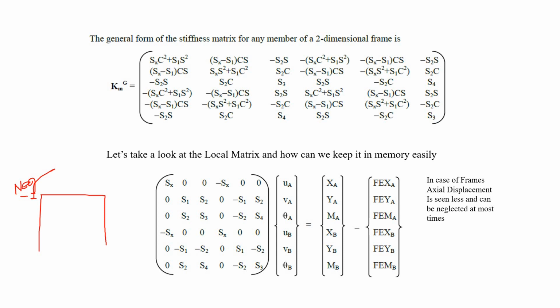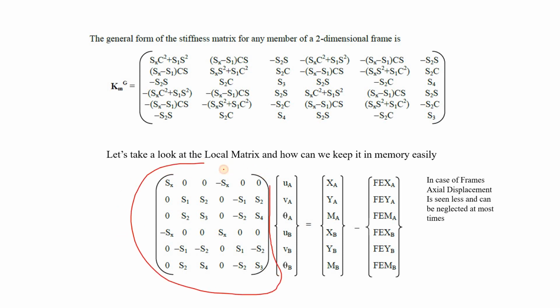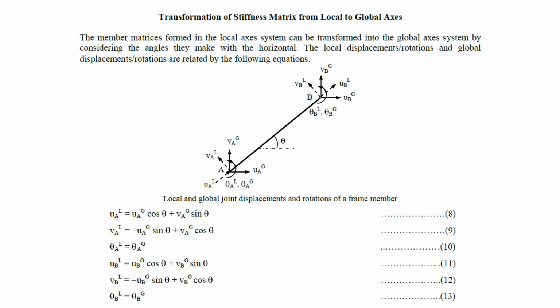Since this can be neglected, to easily memorize this local matrix format, we can just disregard the axial stiffnesses, the axial displacements. UA is the axial displacement, and UB is also an axial displacement. If we consider a frame member right over here, you can see that this was UA, and on the other end there was UB, from the diagram that we had seen before.